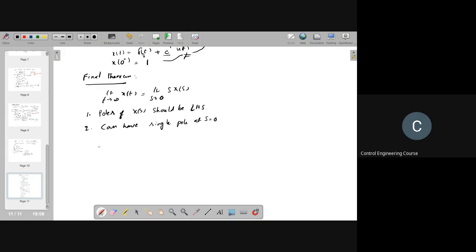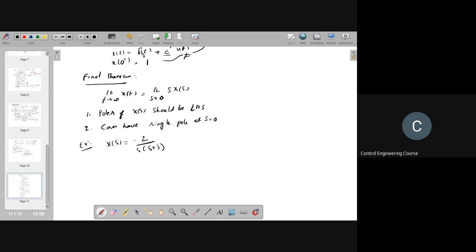Let us take an example here also. Let X of s be equal to 2 by s into s plus 3.